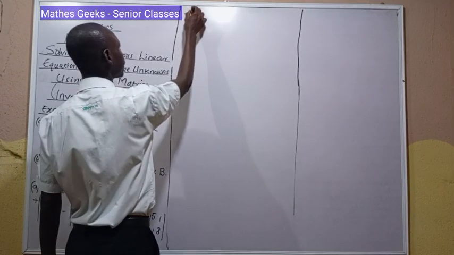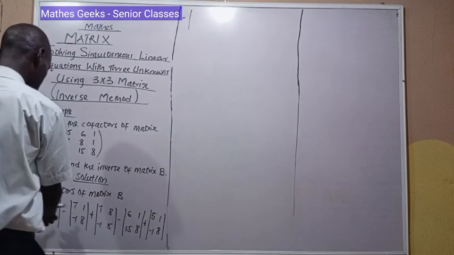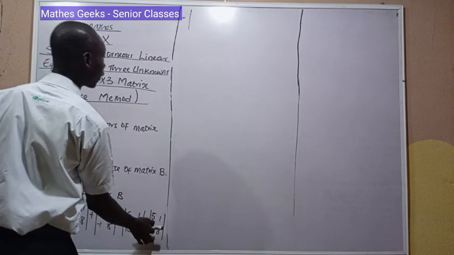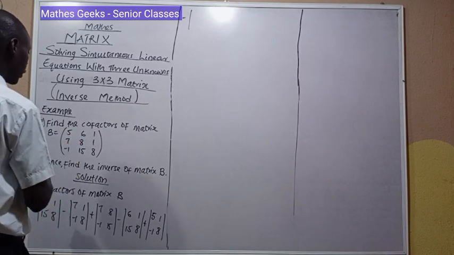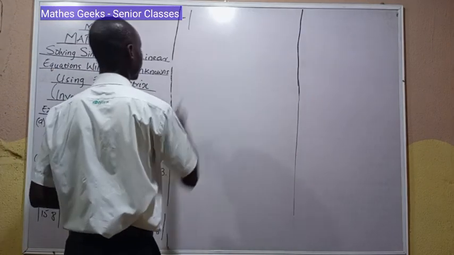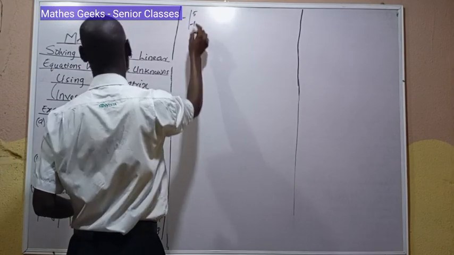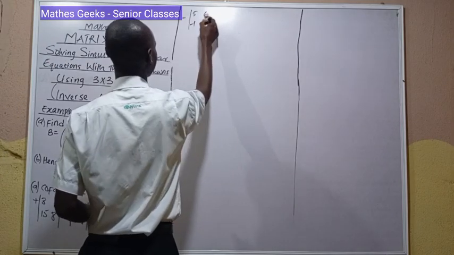Minus second row, third column: 5, minus 1, 6, 15.